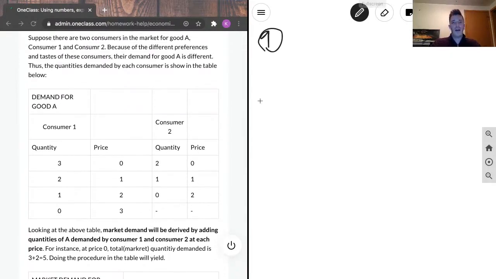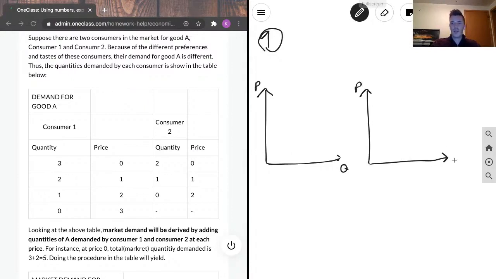So we're going to have demand curve 1, demand curve 2, and of course we're going to have Q on one axis and P on another. This is actually good because I can do it with numbers this time.